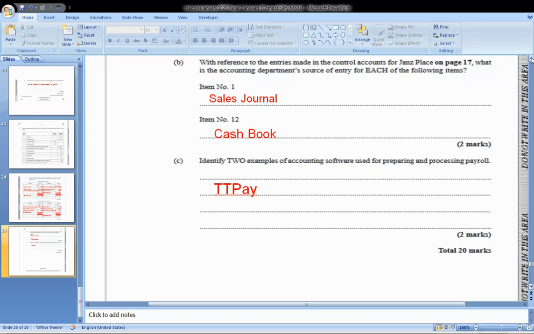So in order to heighten your knowledge, you could do a little research in any one of the search engine bars and you could find other examples of accounting software so that you can remember them.